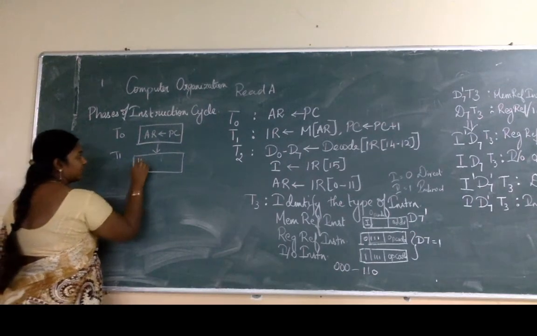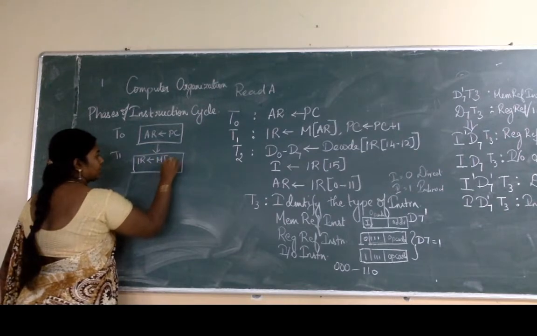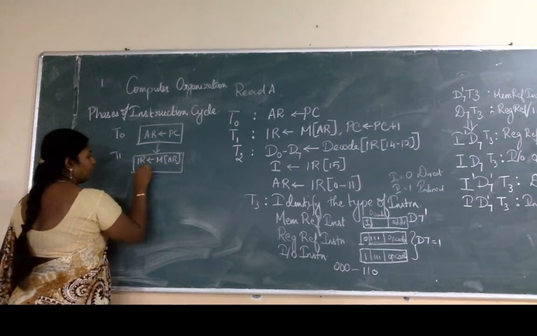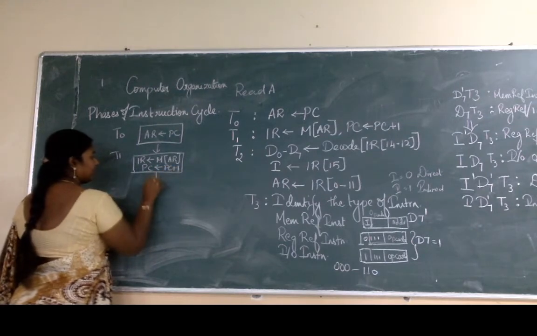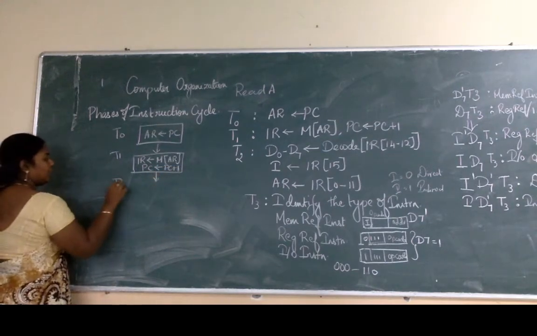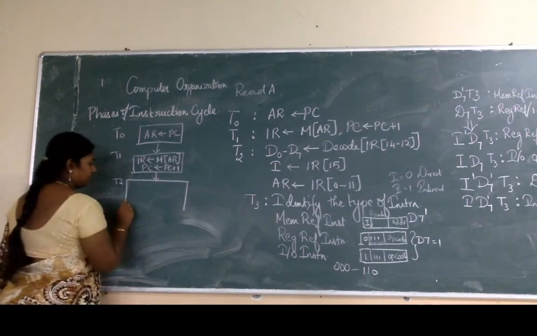One is the instruction register being loaded with the memory content addressed by the address register, followed by incrementing of the PC value. And at time cycle T2, I have three operations to be performed.